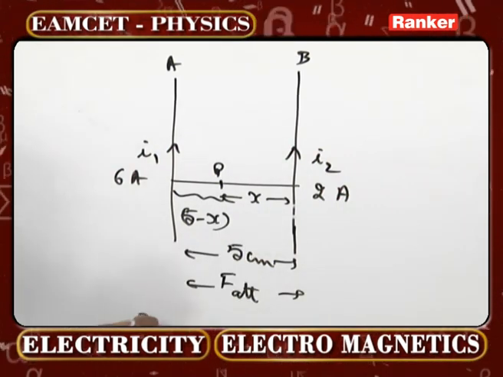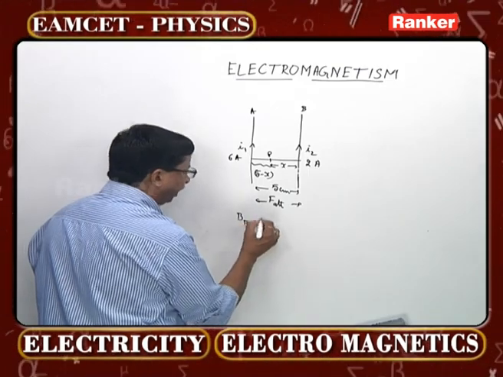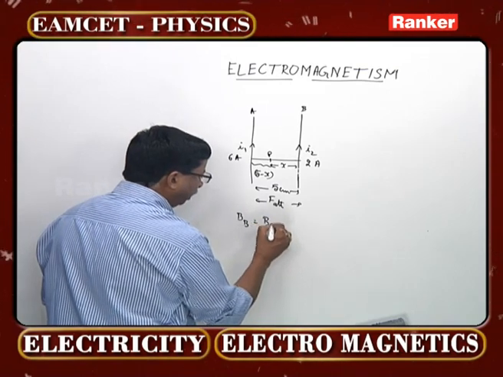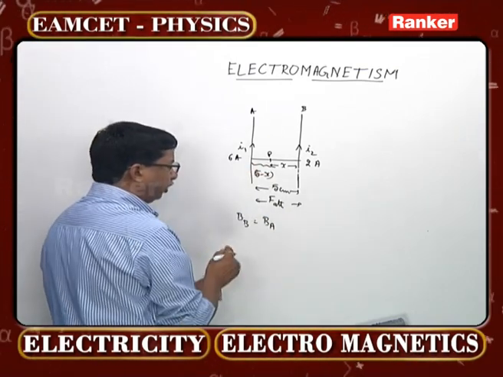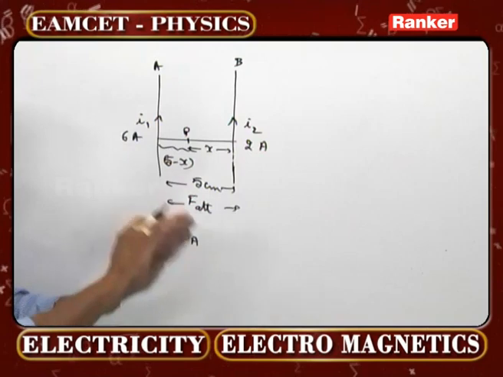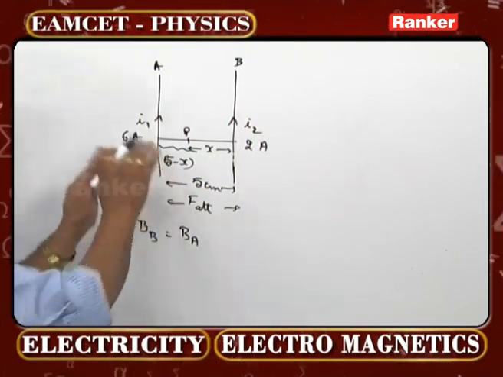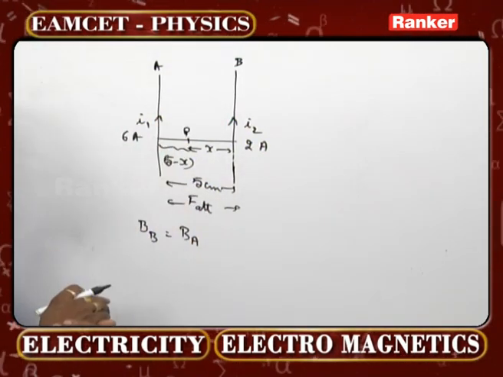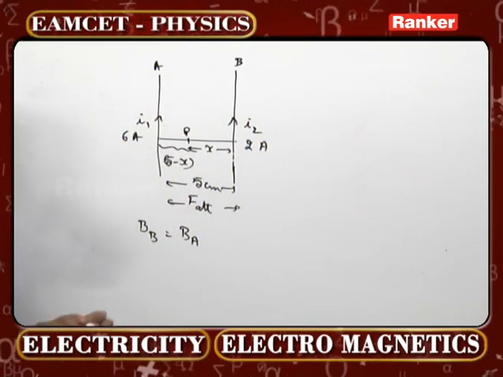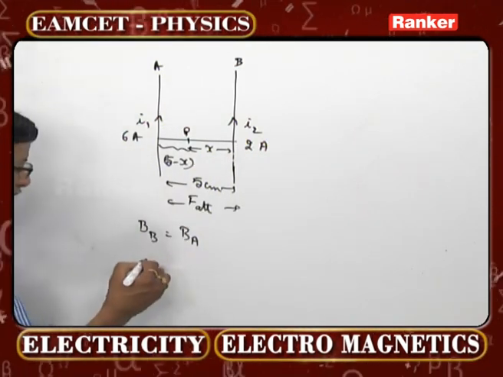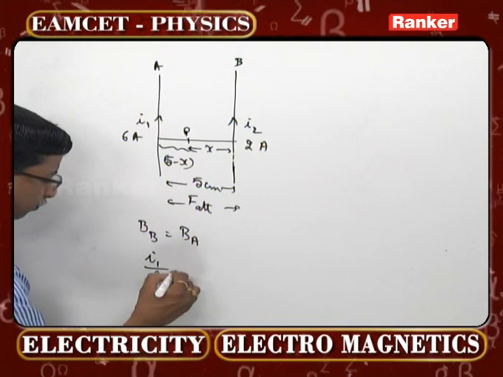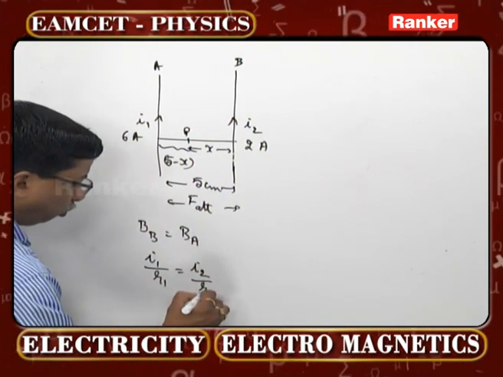Now, magnetic induction due to B at that point and magnetic induction due to A at that point are supposed to be equal and opposite. Then they get cancelled and the resultant field will be 0. That is the major idea behind. So how to write that one over here? I1/R1 = I2/R2.